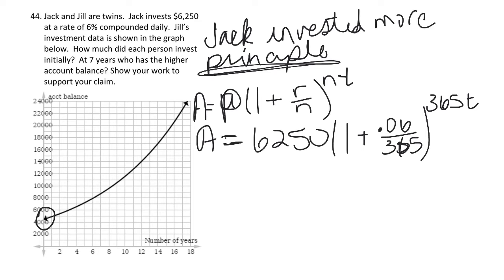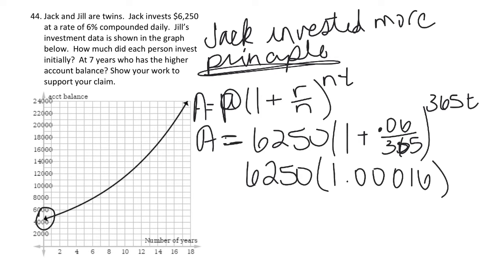We can simplify this a little bit. This is 6250 times 0.06 divided by 365 plus 1 is 1.00016. We've got to get all those digits so it's not just 1. And 365 to the 7th power. So we're going to raise that 1.00016 to the 7th power, 7 times 365. So if you're doing that whole thing in your calculator, make sure you put the 365 times 7 in parentheses.